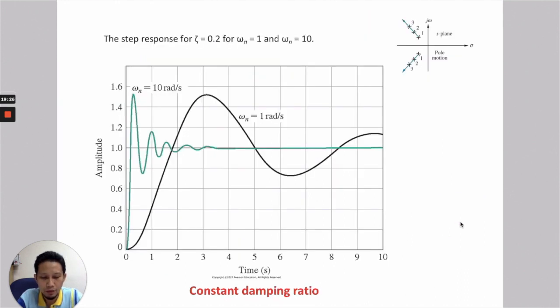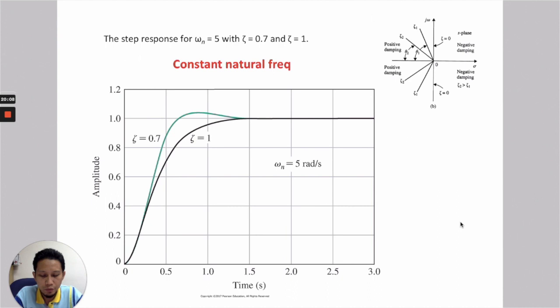So this is an example. If we have zeta 0.2 for omega n equals 1 and omega n equals 10, although the value of omega n is different, you can see here the overshoot is the same for both. In this case, if we make omega n constant, equal to 5, and we have different values of zeta, 0.7 and 1, we can see the difference in the overshoot.